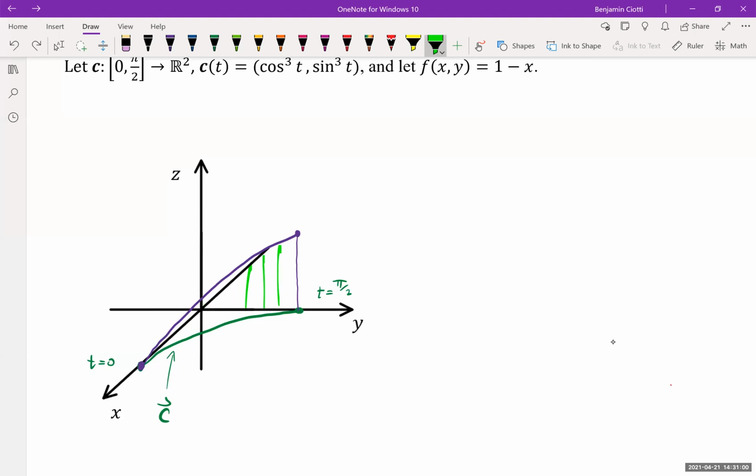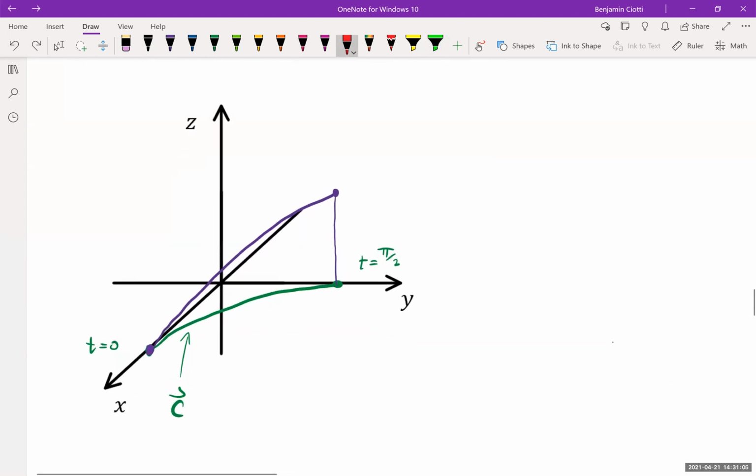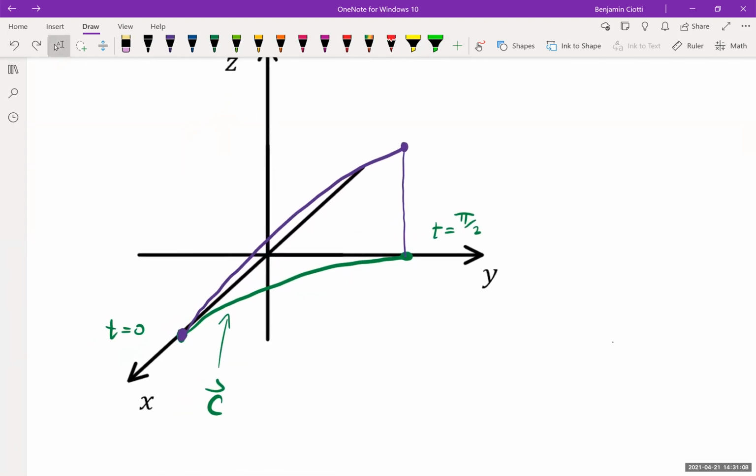And in order to explain where the formula comes from, let's chop the time interval into sub-intervals. And so let's say that t equals 0 is like t0. And let's say that pi over 2, that's like t sub n. And in between, we'll have a whole bunch of other ones. So say this point would be where t is t1.